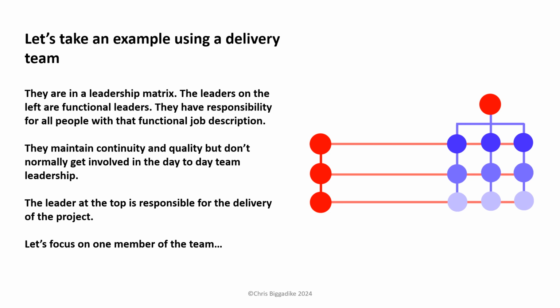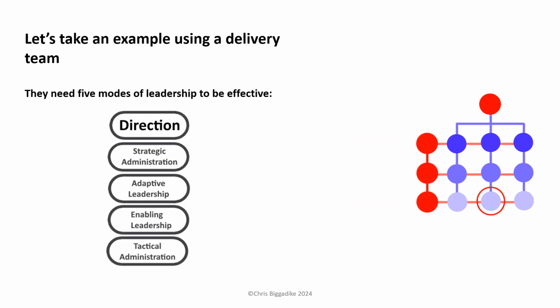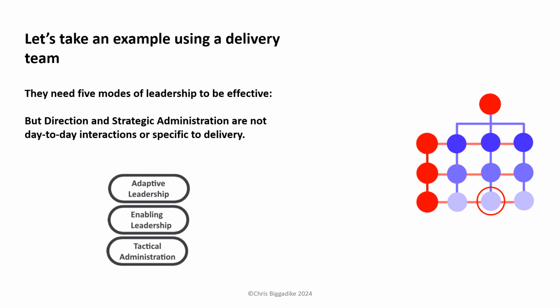Let's focus on one team member. So this team member needs 5 leadership modes to be effective. But direction and strategic administration are not day-to-day interactions or specific to delivery. So we're just going to ignore them for now.